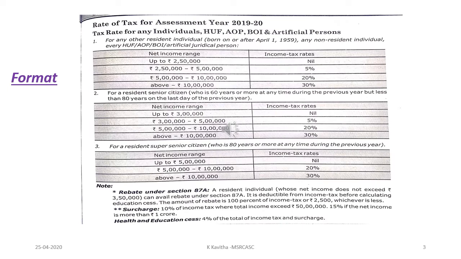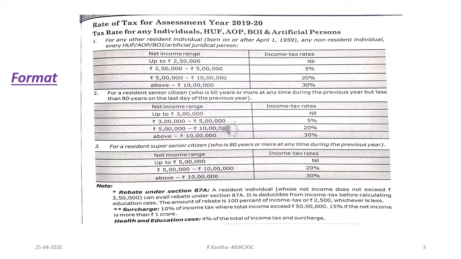I was mentioning the flat rate of tax and slab rate of tax. Now you look at the slab rate of tax for different individuals based on their age. It is based on the different types of persons: individuals, HUF, association of persons or body of individuals, and artificial persons.